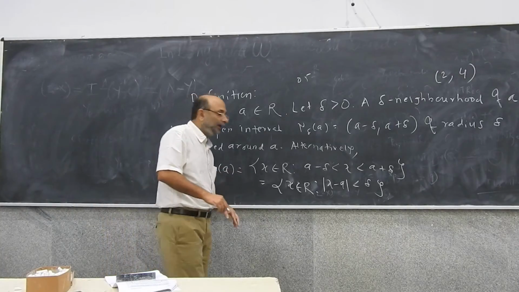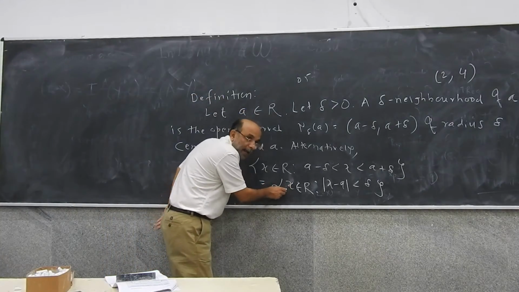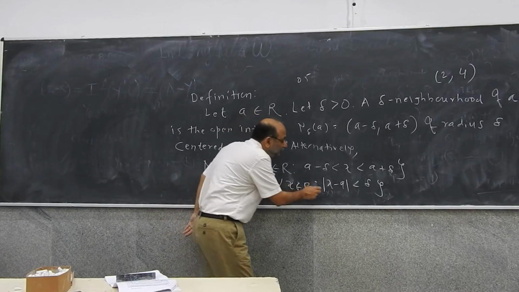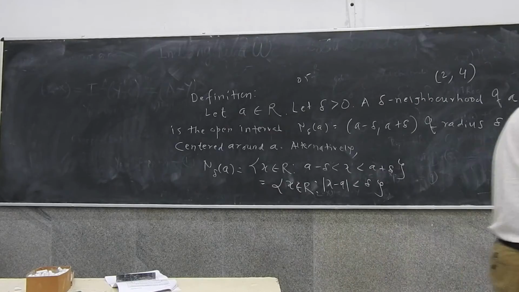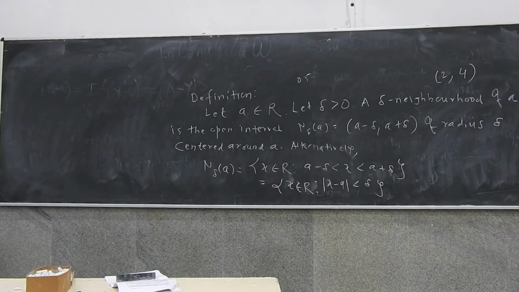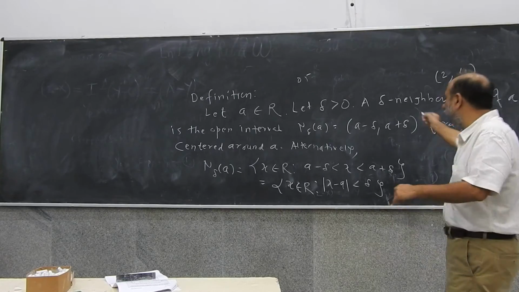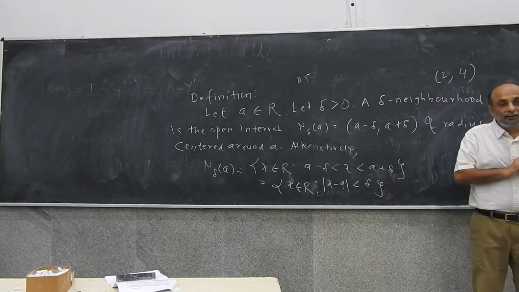Or alternatively, the set of all points x such that the distance between x and A is less than delta. These are all alternative ways of writing the same thing.